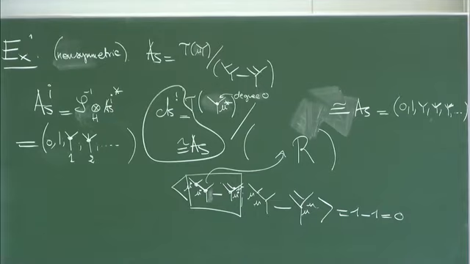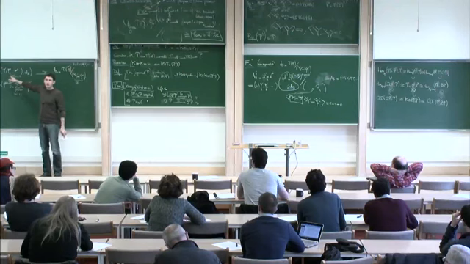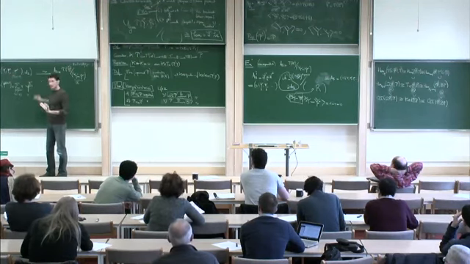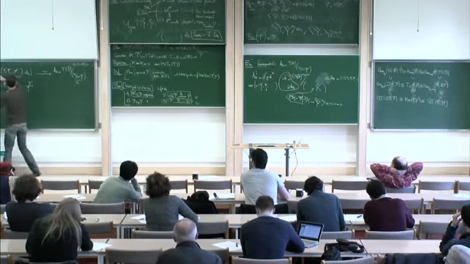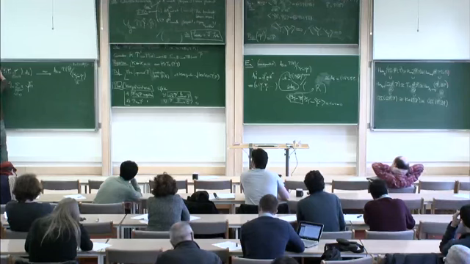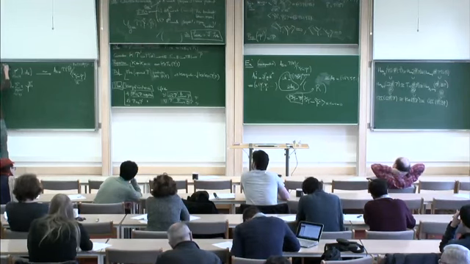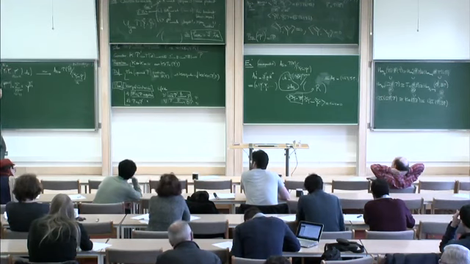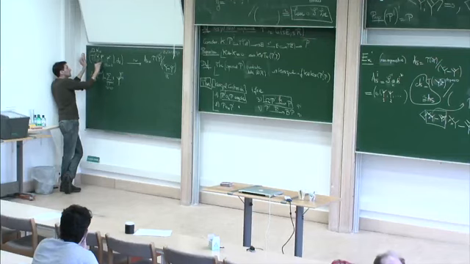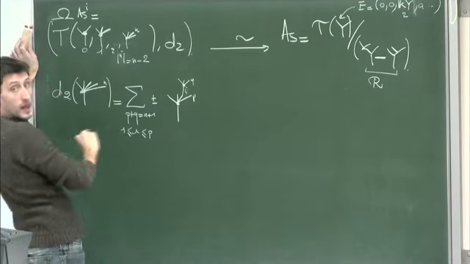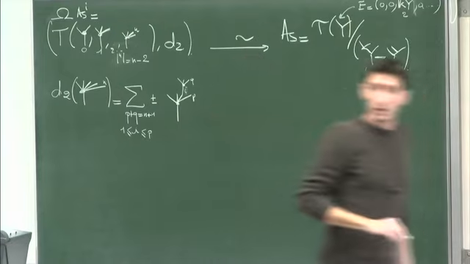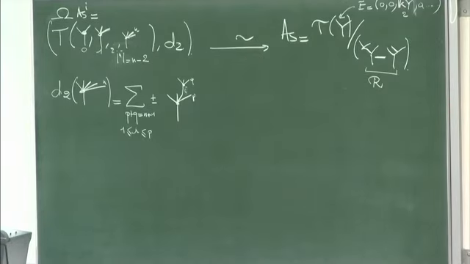Look, these are exactly the generators we found last time, computed by hand. And I claim that this is exactly the Koszul resolution of As. But you should keep in mind that last time this generator was in degree 0, this one in degree 1, etc. So there is a shift of degree in the cobar construction.